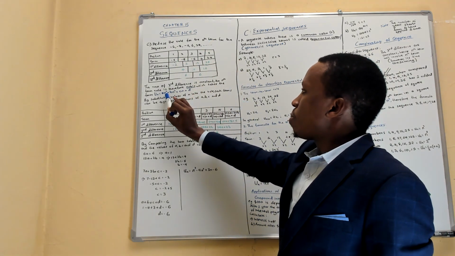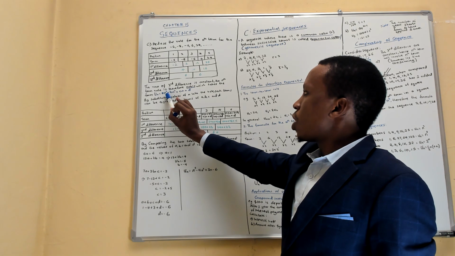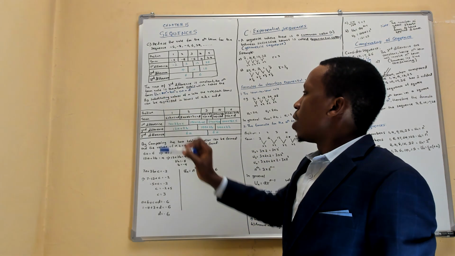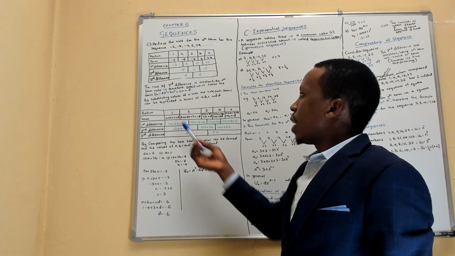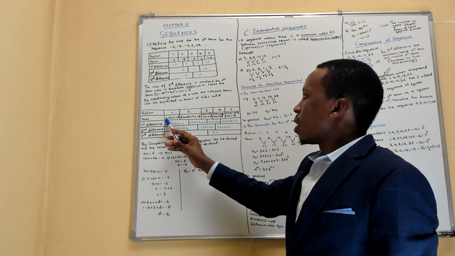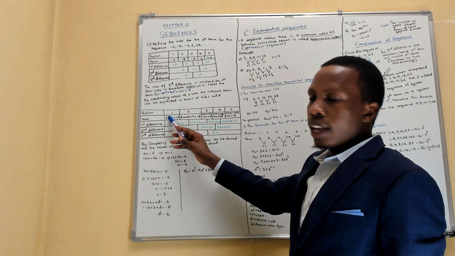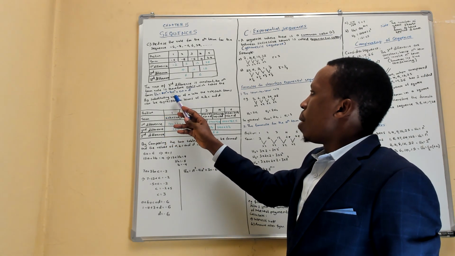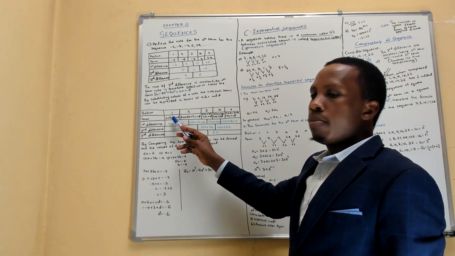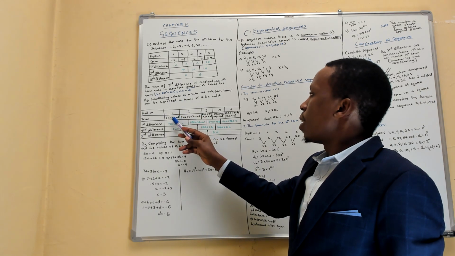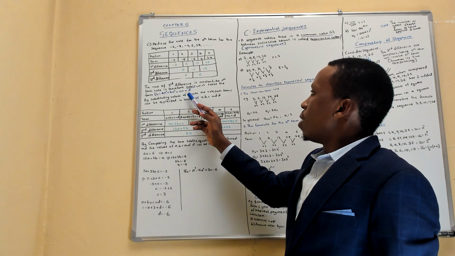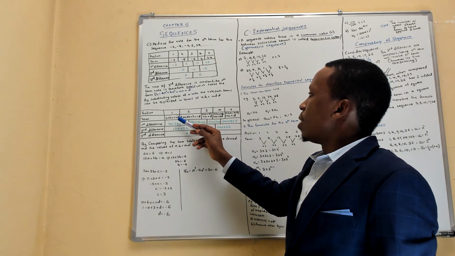For the first position, if I substitute n by 1, then I cube 1, I still get 1, so a times 1 is a. That's why I have a here. Then b times 1 squared is still b, and c times 1 is still c.